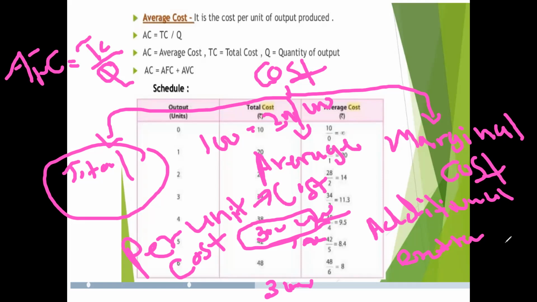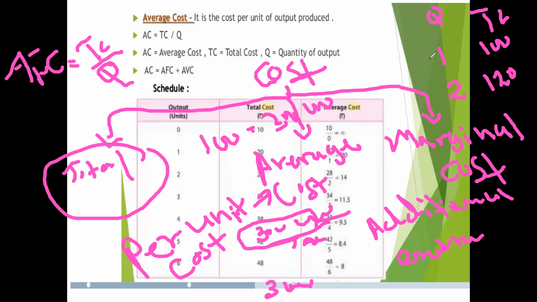Then what does marginal cost mean? This marginal cost, or the additional cost. So if we produce, for example, quantity and total cost: for one product we have to incur 100. For the second product, in total we have to incur 120.